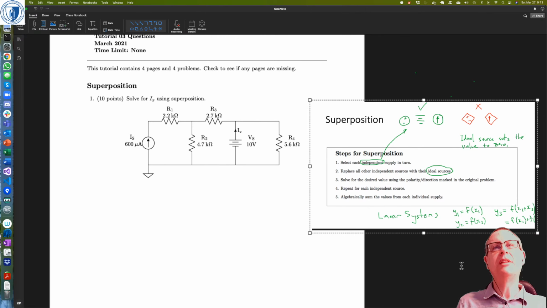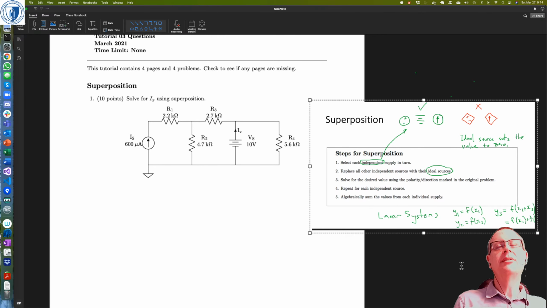And then we do the same thing again for the other way around. We replace IS with its ideal, which is just going to be an open circuit, because if 0 current is flowing through that branch of the circuit, then it's as if there was an open circuit there.